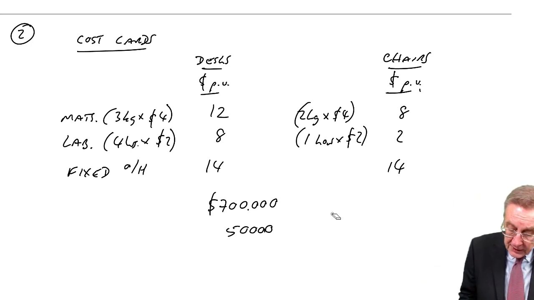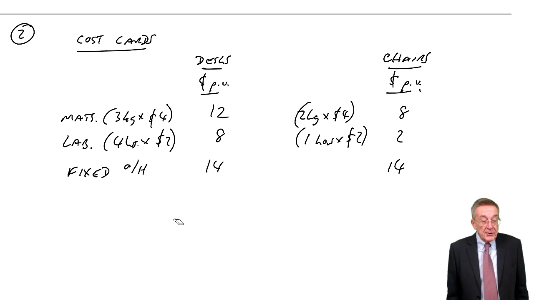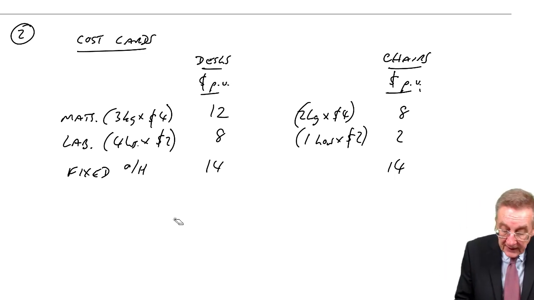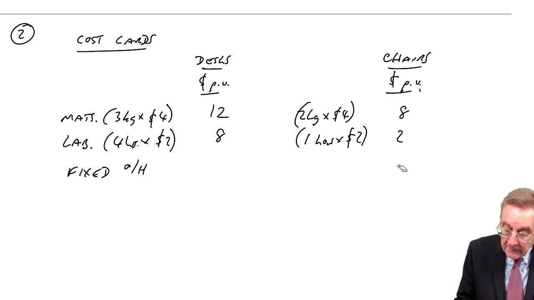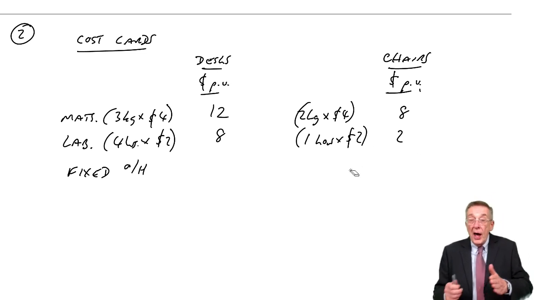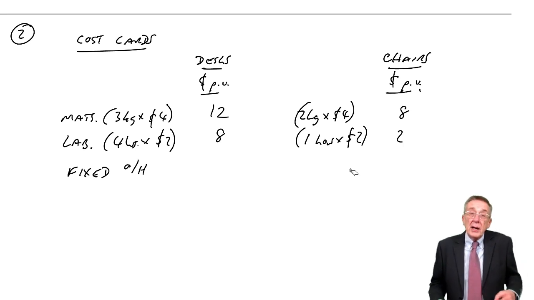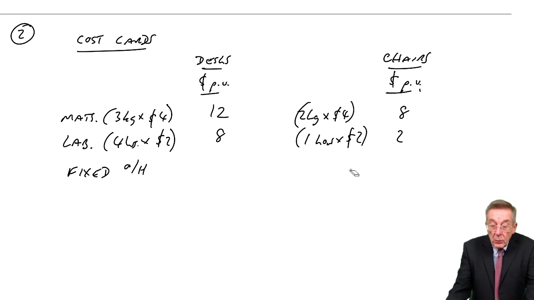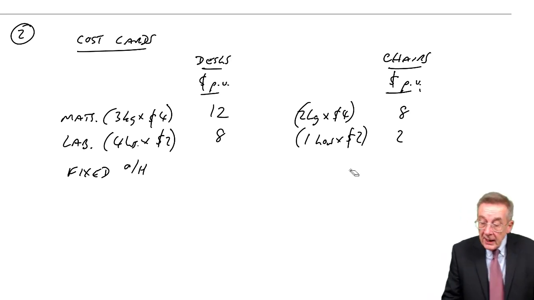And so what we tend to do, and this question tells us, it says absorb on a labour hour basis. What we're going to do is calculate how much these overheads are costing us per hour. And if I know a cost per hour, then we can work out a cost per unit. Let me show you what I mean.